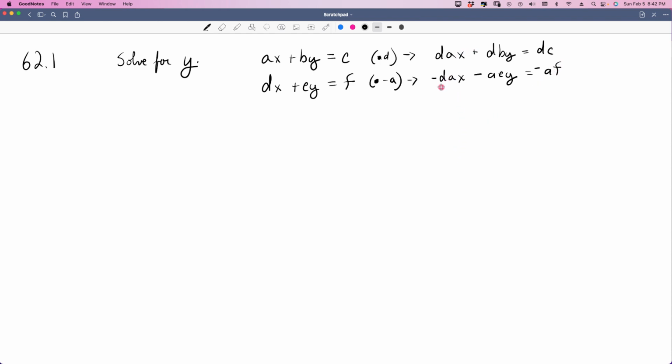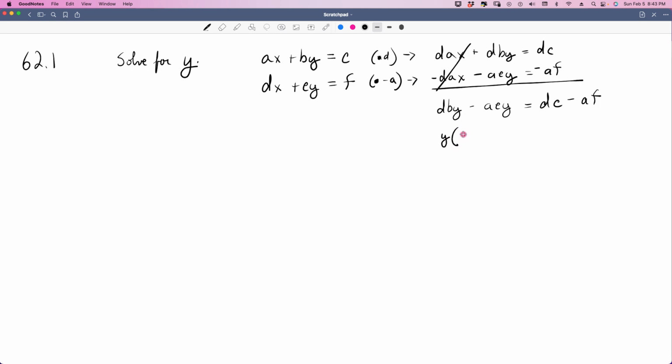So this gives us a value, though, that we can then eliminate. So we have that taken away from us. And then what we end up with is dBy minus aEy is equal to dC minus aF. So now that we have that going on, we can factor out the y just like we normally would.